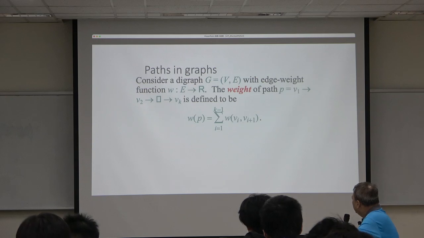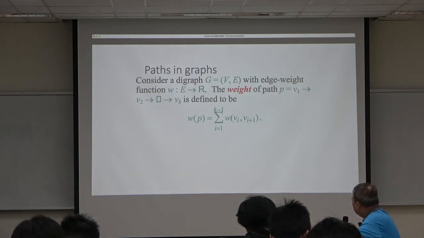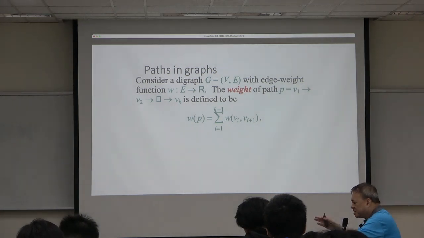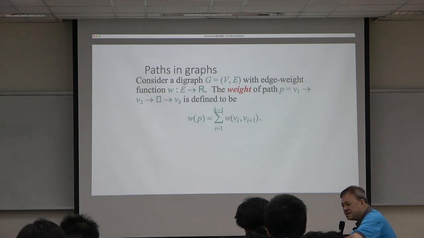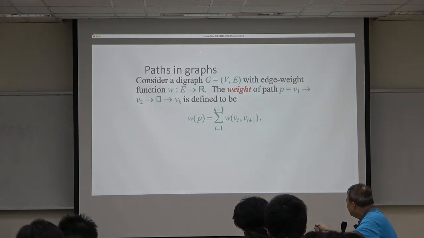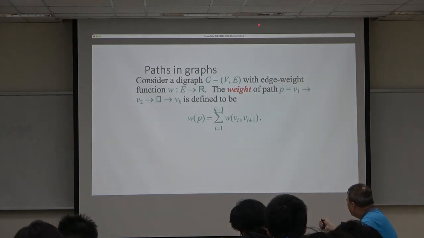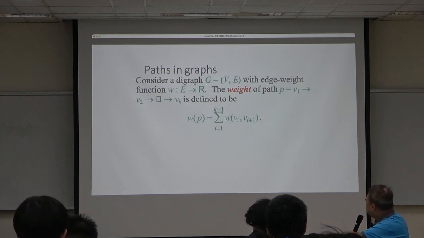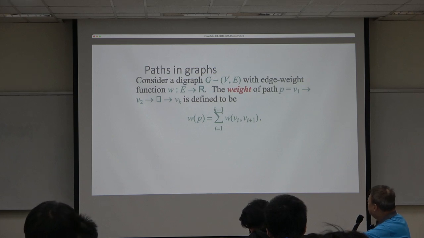The weight of a path p, from v1 to v2 to ... to vk, assuming we have k nodes on this path, we define the weight of the path, w(p), to be the summation of the weights of all the edges in this path.